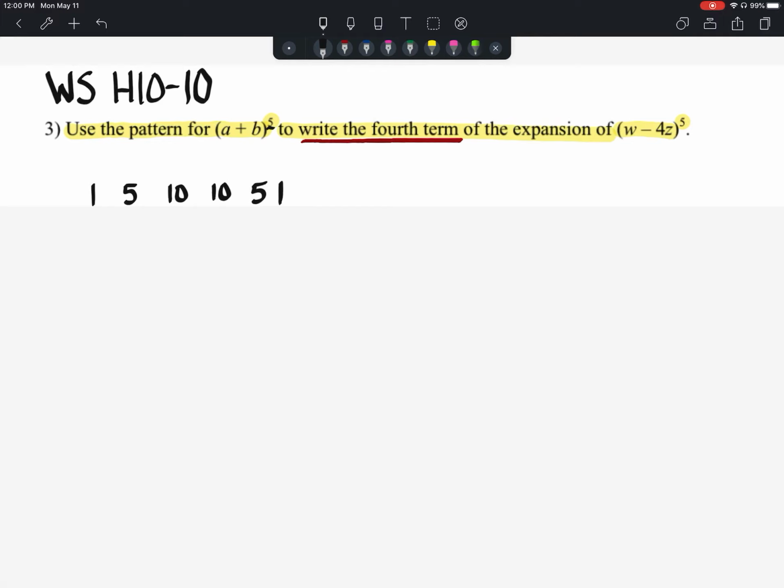So let's look at the pattern for a plus b to the 5th power.